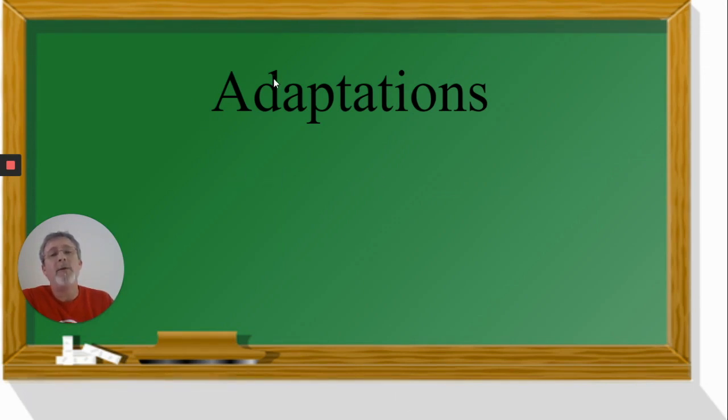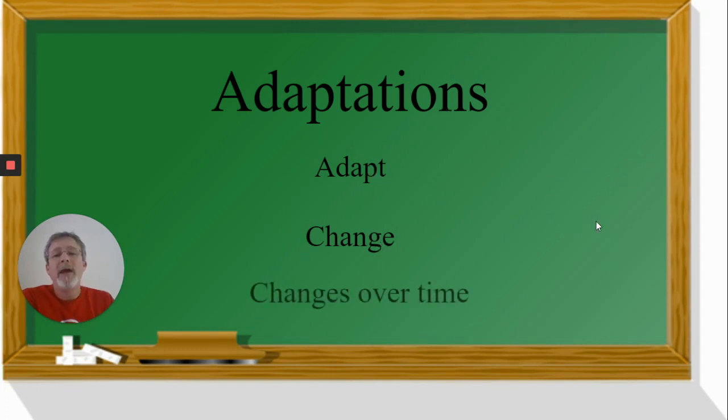And right now, the word is adaptation. What do you see in the word adaptation? I see the word adapt. So, what does adapt mean? Adapt means change. So take this idea and put it back into the word. Adaptations, or to adapt, is changes over time.